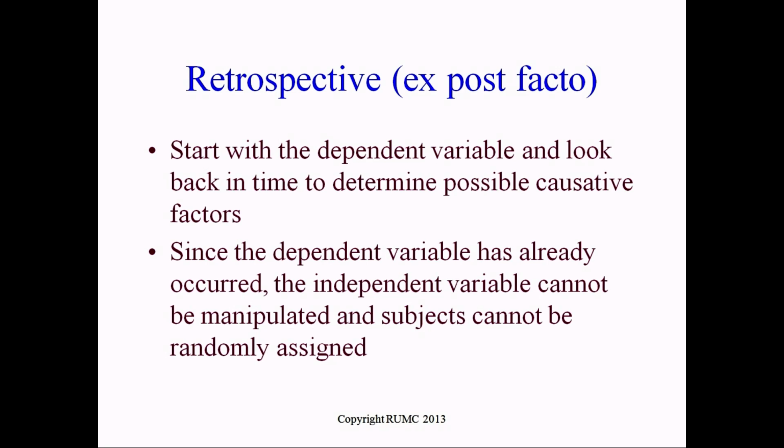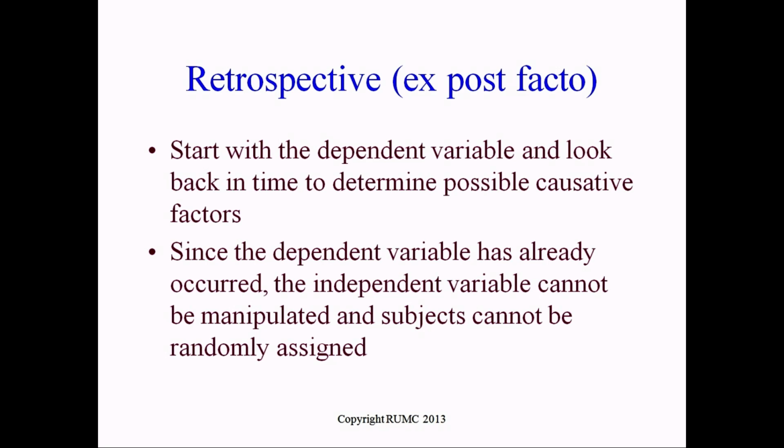An example that we can give you of that is comparing infants who died from sudden death syndrome with infants who did not die from sudden death syndrome. And what differences do you see between those two groups?